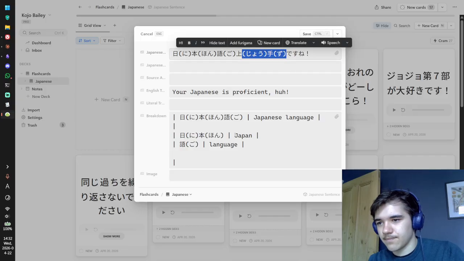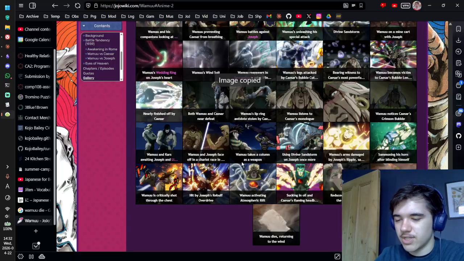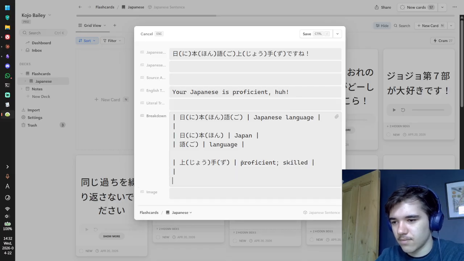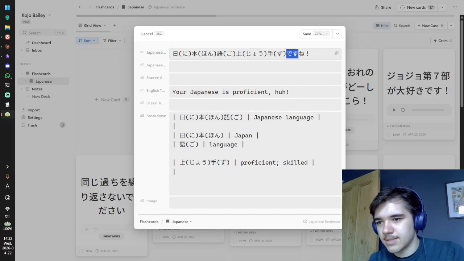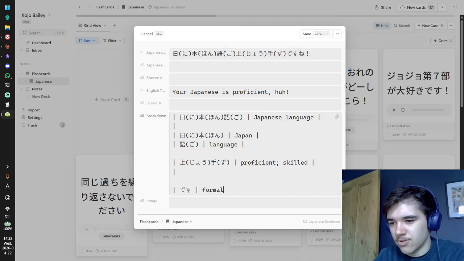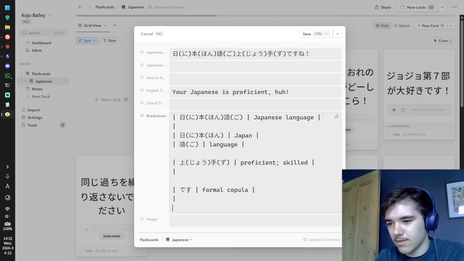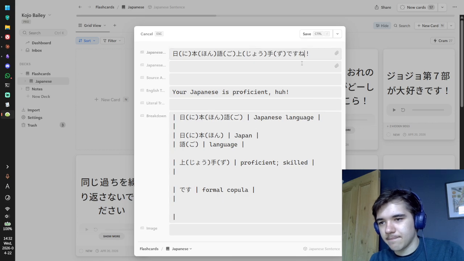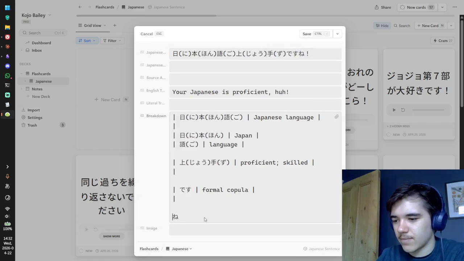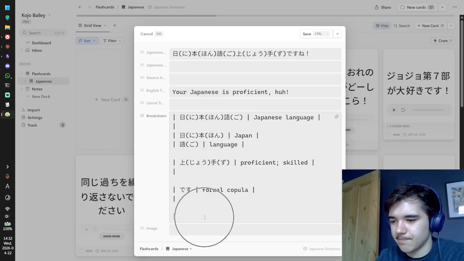Jozu. Proficient, skilled. And then this, formal copula. And then ne. What do you call ne in Japanese?